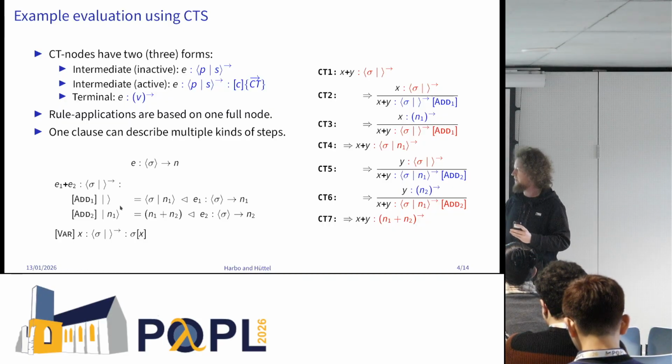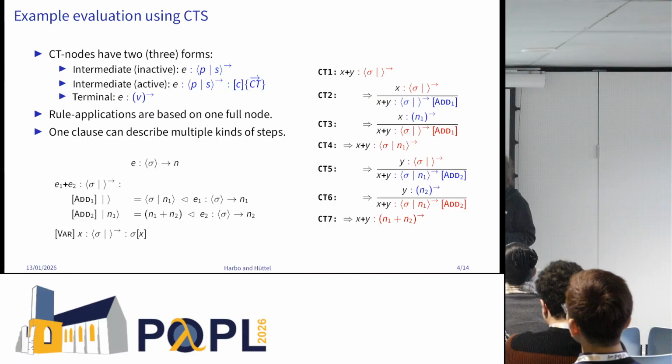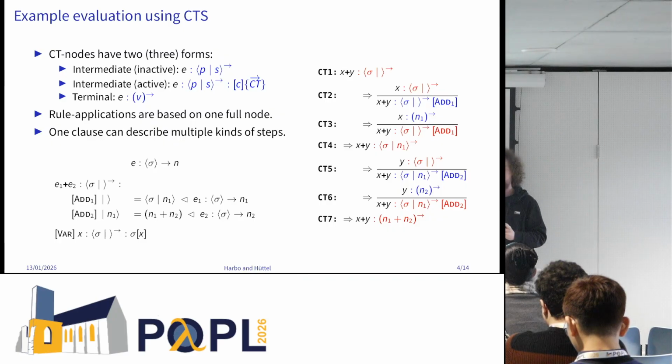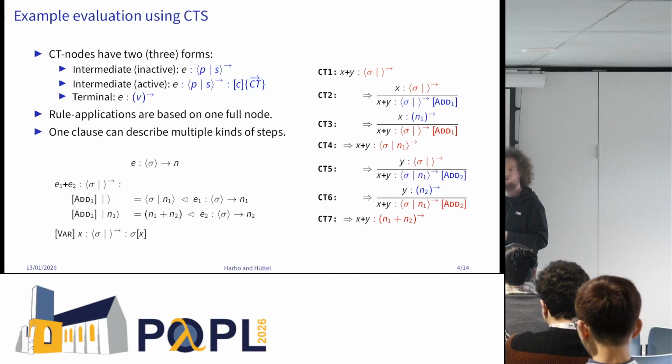So to proceed from here, add1 tells us that we need to evaluate E1 given the state sigma to some value n1, and this implicitly happens in one or more steps. So initially, to initiate the evaluation of add1, we grow the computation tree into the constituent up here corresponding to E1, which is x in this case. And then that concludes the entire initial step for add1.